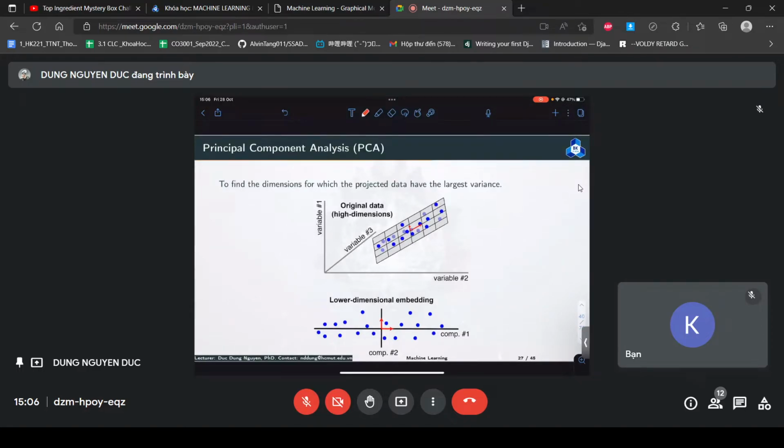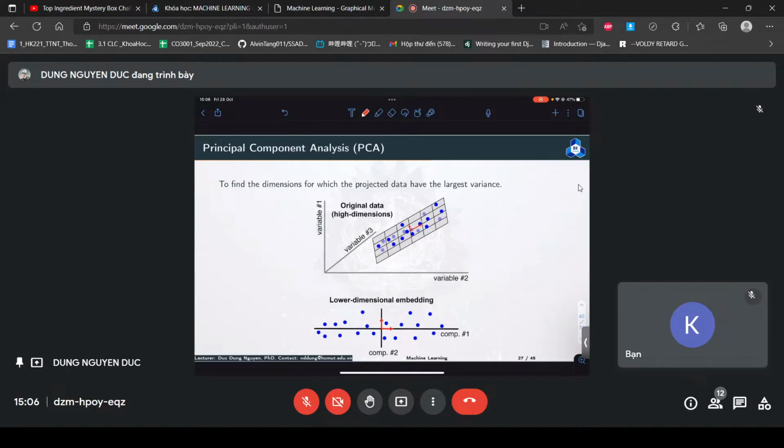What you are interested in here is, can I project my data onto a lower dimensional space that still preserves the data I have? In other words, I want to project my data onto a low dimensional space that still keeps the representation of my data.